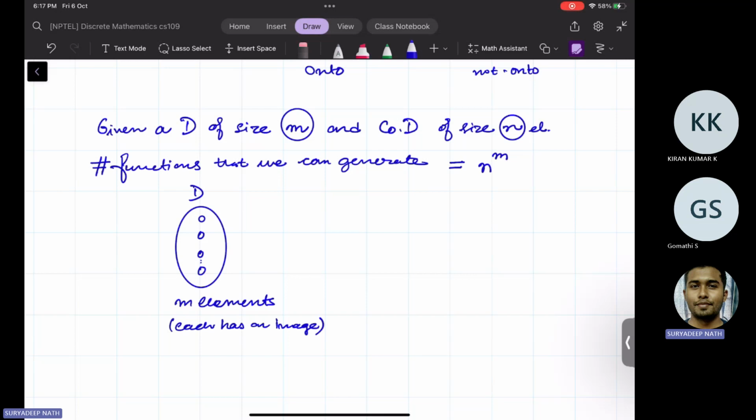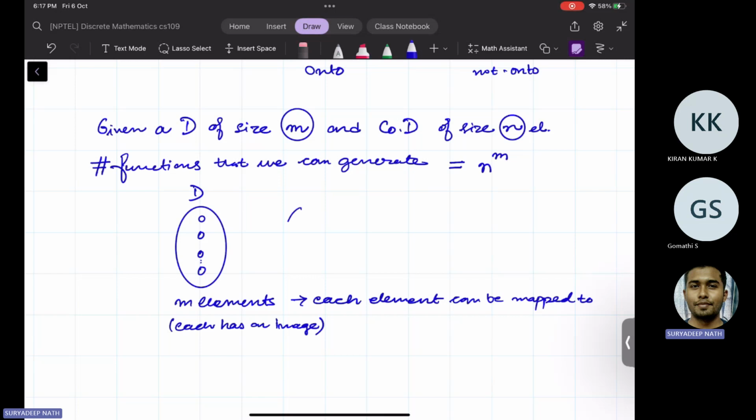Now, each element in the domain can be mapped to a function, so from one element it will map to only one element in the codomain.